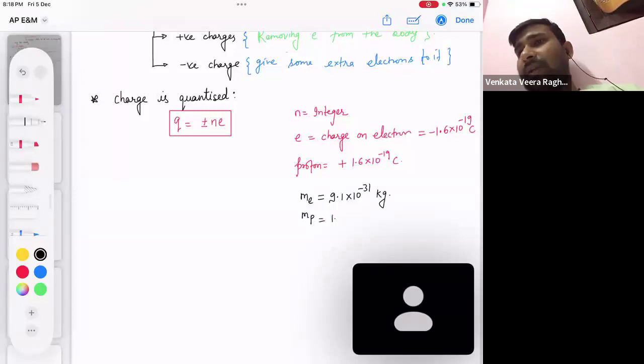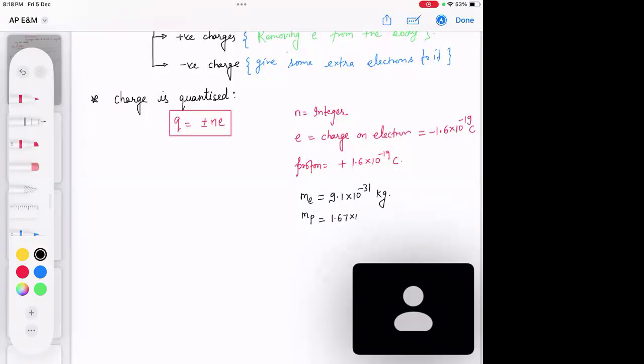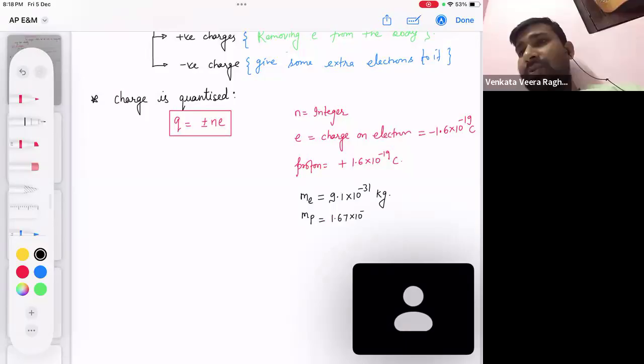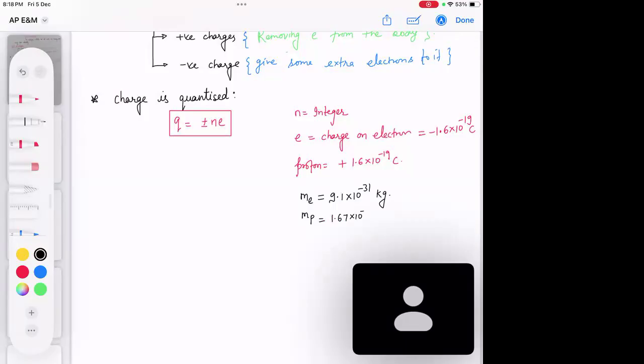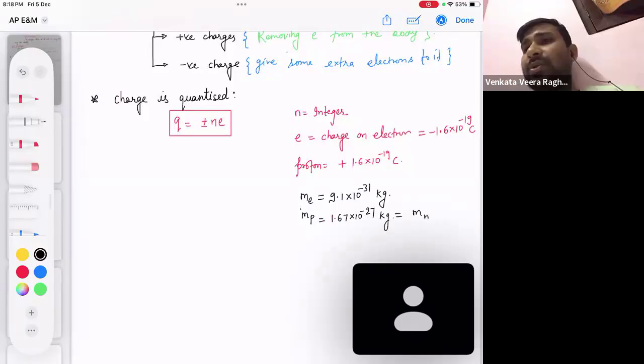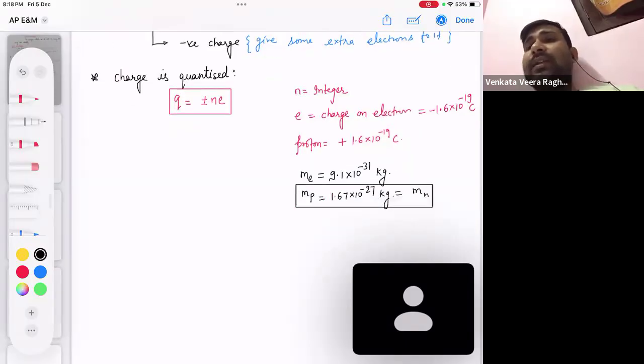And mass of proton is 1.67 into 10 to the power minus 27 kg. This is also the same as the mass of neutron, isn't it? Mass of proton and neutron are almost equal, and mass of electron is very small compared to the mass of proton.